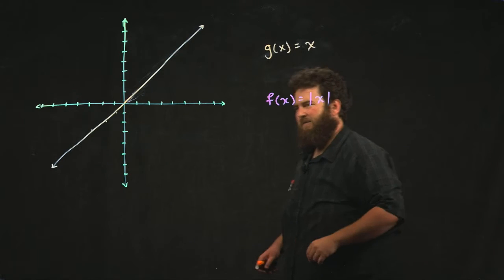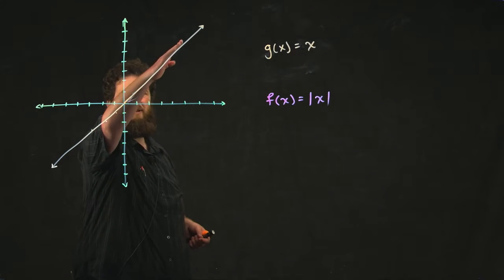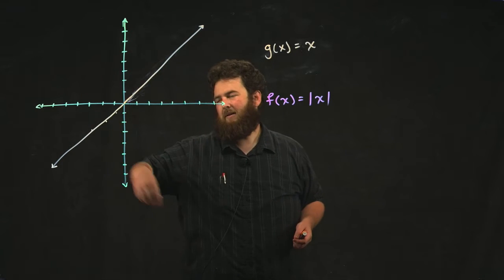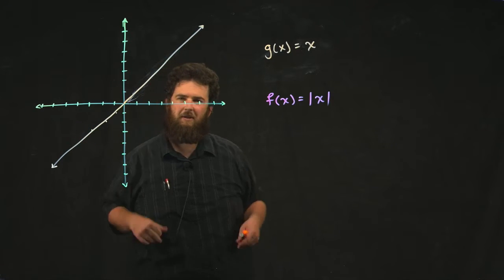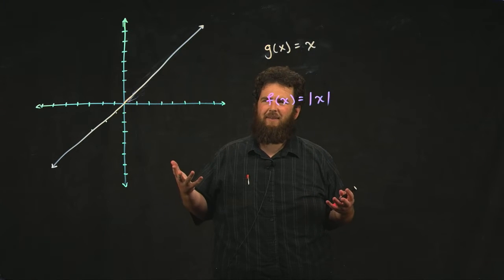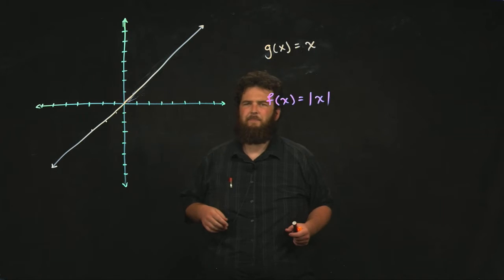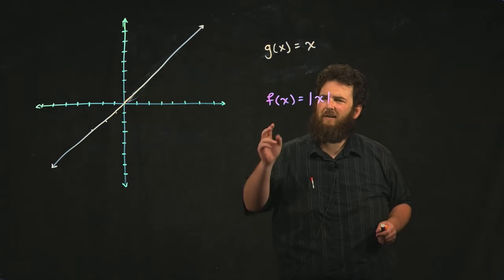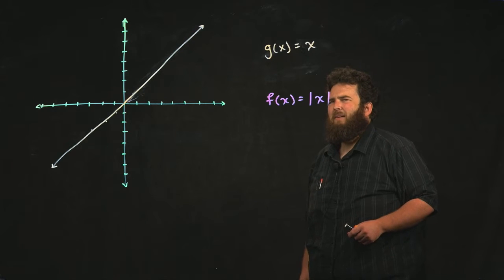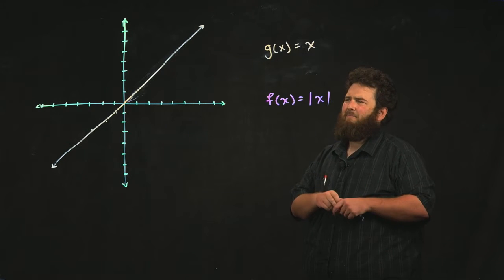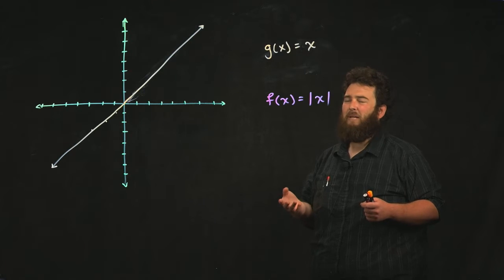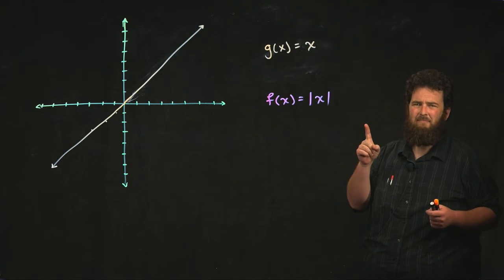That's just a 45-degree line straight through the origin, right? g of 1 is 1, g of 2 is 2, g of negative 3 is negative 3, straight up and down the line, right? Now, why did I graph that? What does that have to do with absolute value? Well, if we wanted to graph this function f of x, the absolute value of x, think to yourself for a second. How are these graphs similar? Better yet, how are they different?